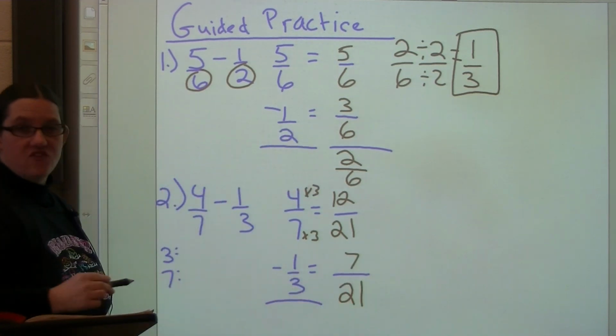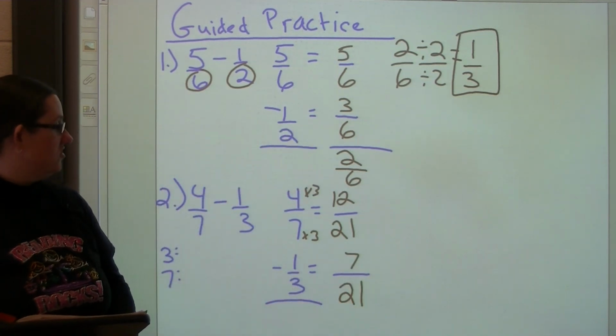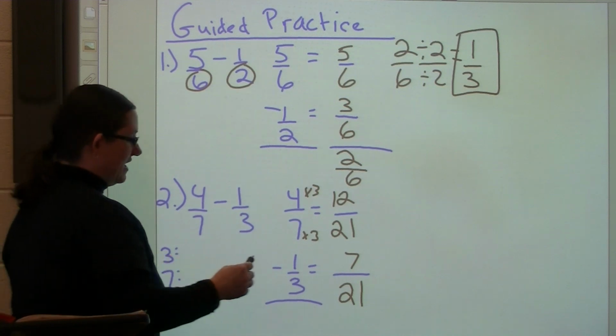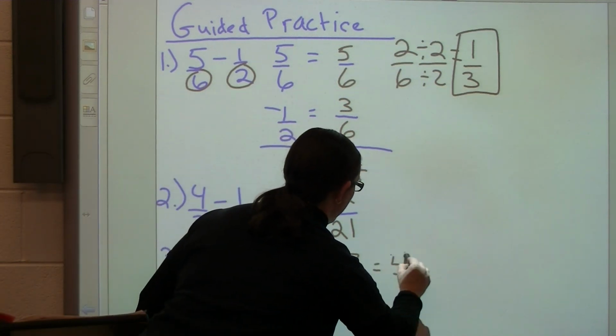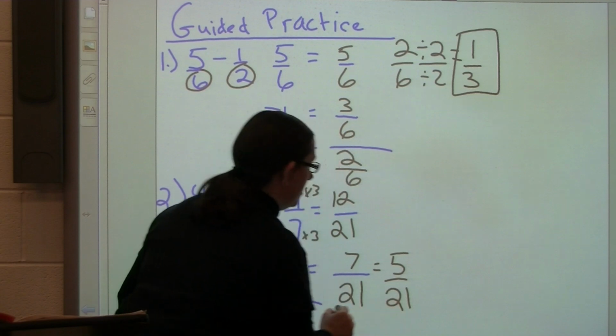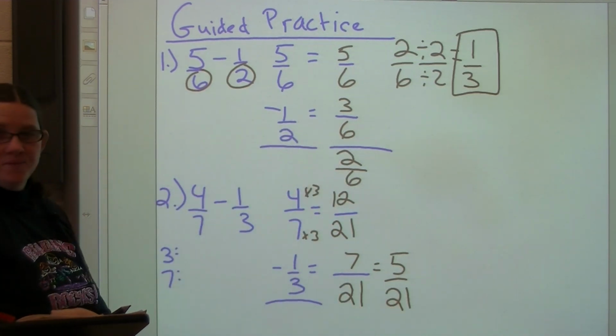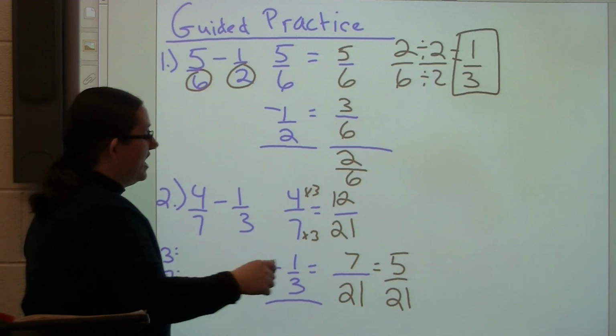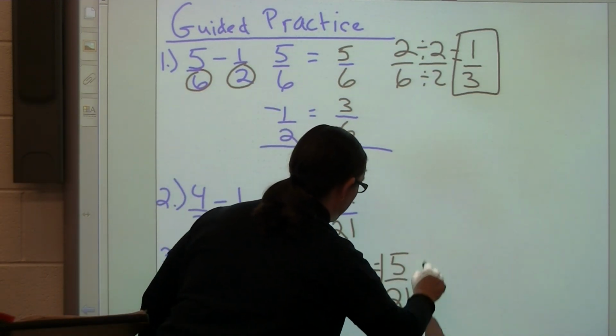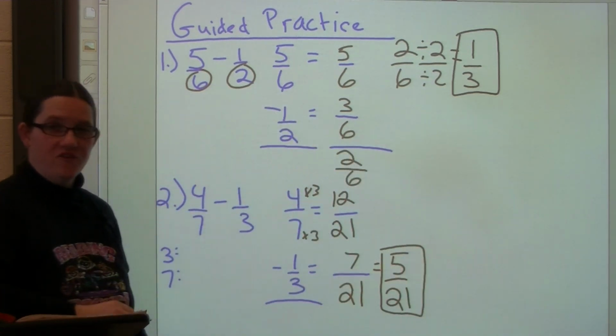So they did the first step for you. Now you just need to subtract. What is 12 minus 7? 5, and our denominator is 21. Can we divide 5 and 21 by the same number? No, we cannot. So our final answer is already in simplest form at 5/21.